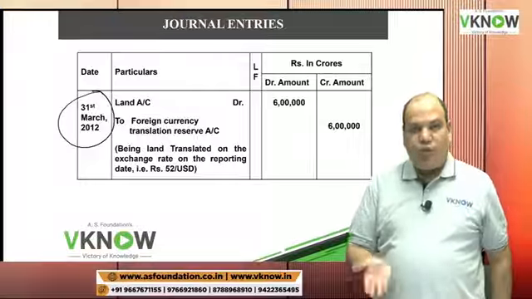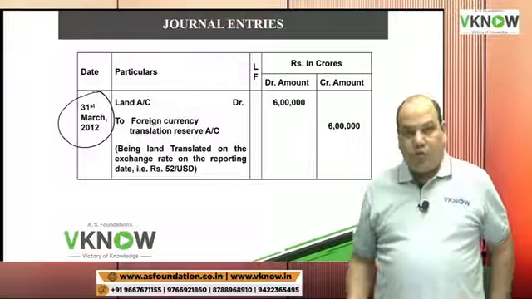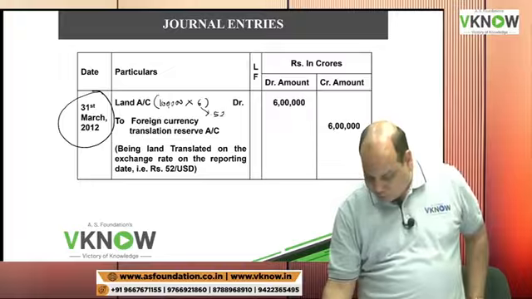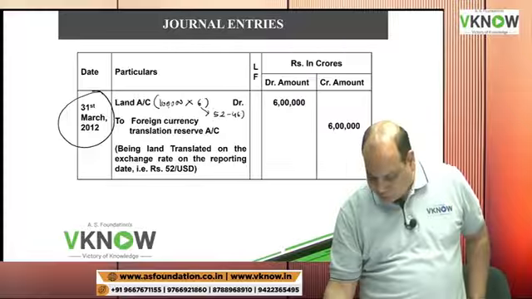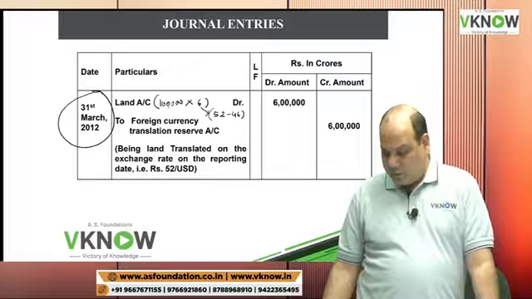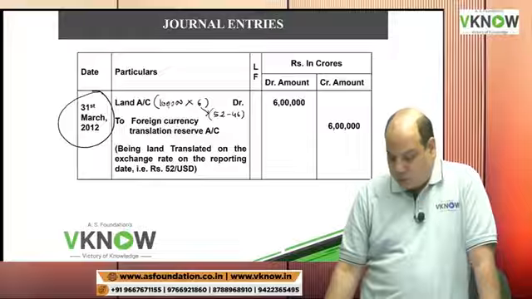Today the exchange rate has gone up from 46 to 52. So I will revalue the land by 6 rupees. This 6 rupees is the difference between 52 and 46. So land account debit to FCTR 6 lakh.